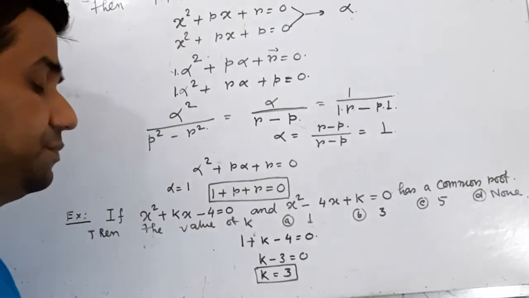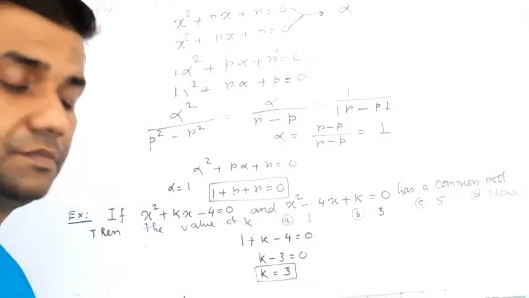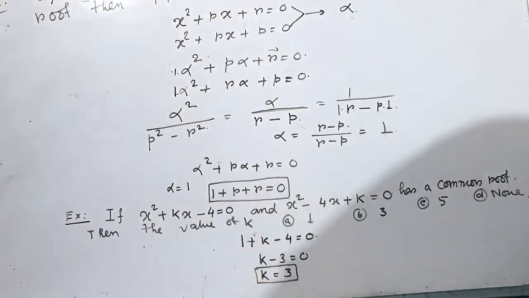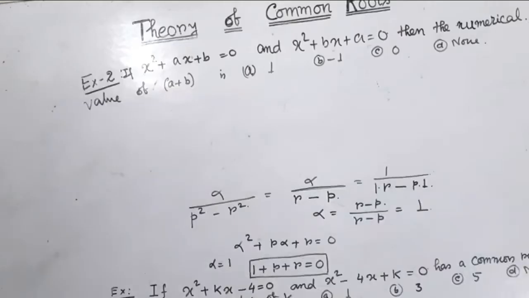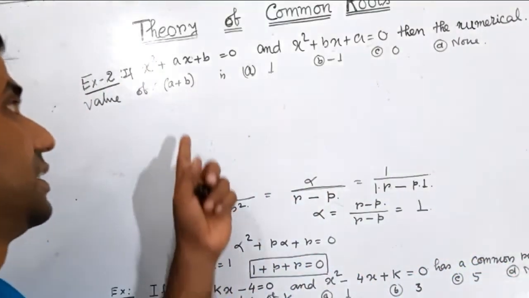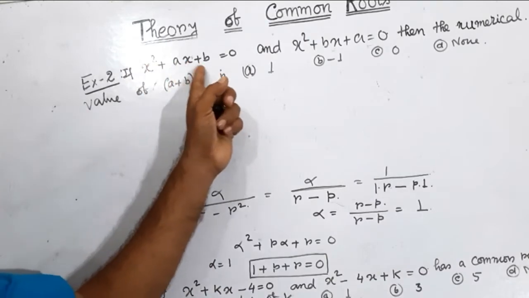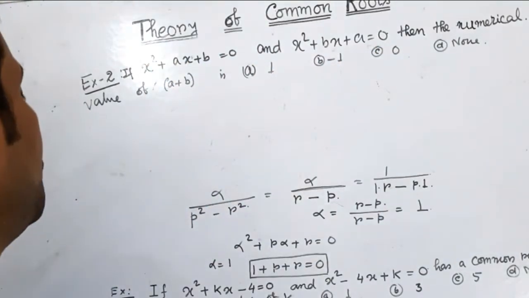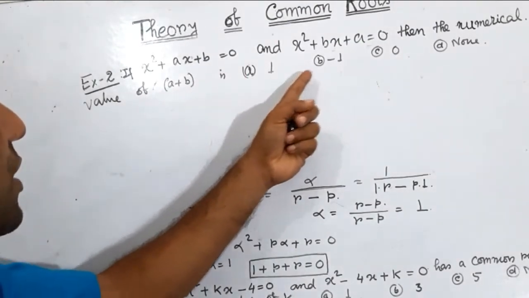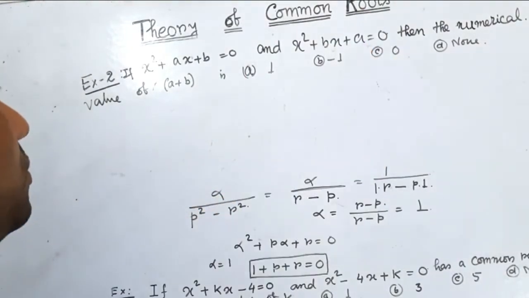Look here carefully. Next, example 2: if x square plus ax plus b is equal to 0 and x square plus bx plus a is equal to 0 have a common root, then the numerical value of a plus b is 1, -1, 0 or none.